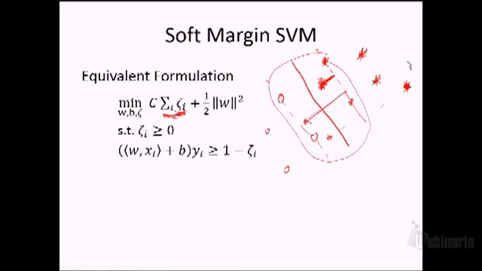Otherwise, you can have a point that's very far from the boundary, and you are happy with having that point and having many points on the wrong side of the decision boundary, just because the penalties caused by these points are compensated by a point that's very far from the decision boundary and is on the right side.